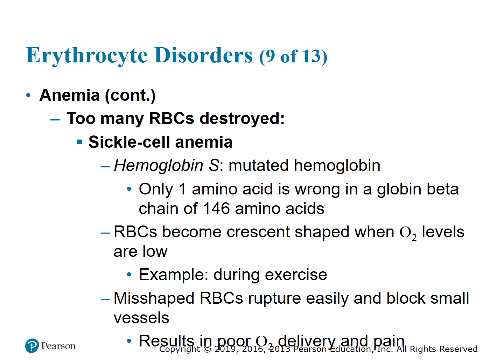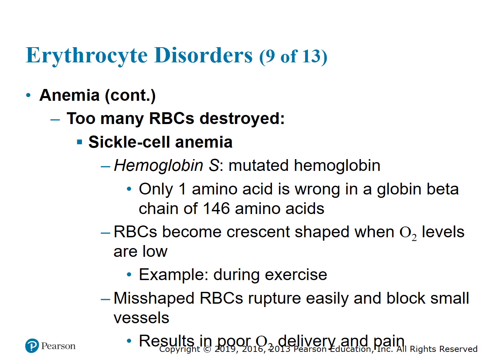Sickle cell anemia: hemoglobin S is a mutated hemoglobin molecule. Only one amino acid is wrong in the globin beta chain of 146 amino acids. So there's been a substitution of one amino acid for another, so there's been a mutation.